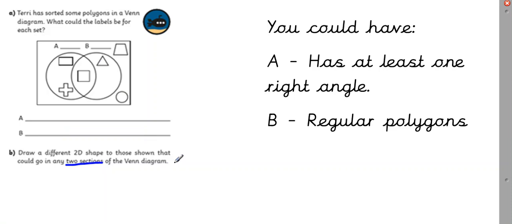For B, you could have drawn maybe a right angled triangle here, and then it would also go out here, okay, because you have got a shape that's got at least one right angle, but it doesn't fit into this one because it is not a regular polygon. Okay, well done if you got that correct.